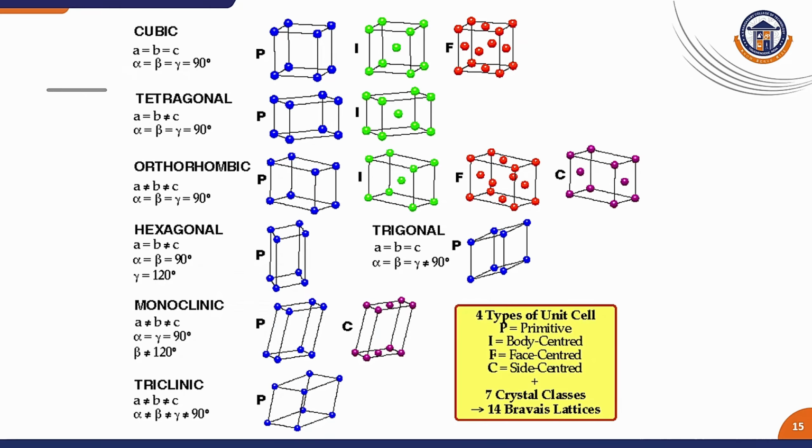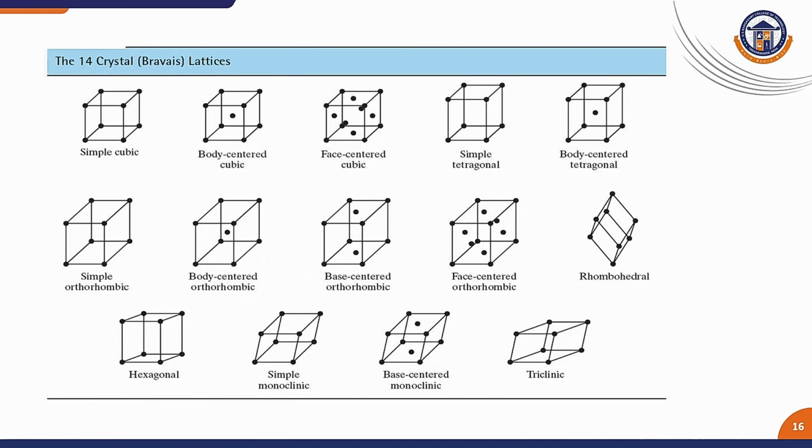The cubic crystal system examples: simple cubic, atoms at corners only. Example, polonium. Body centered cubic, atoms at corners plus one at the center. Examples, iron and chromium. Face centered cubic, atoms at corners and centers of faces.